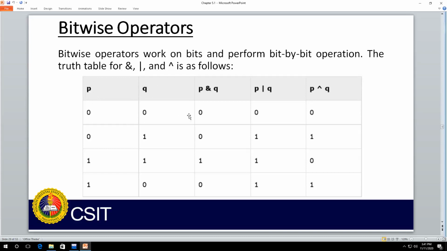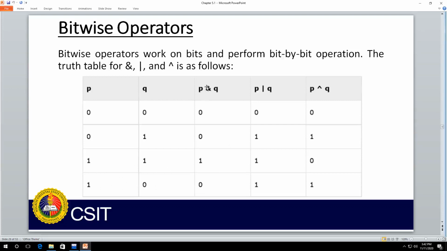If p and q, 0 and 0 is 0. 0 and 1 is 0, 1 and 1 is 1, 1 and 0 is 0.